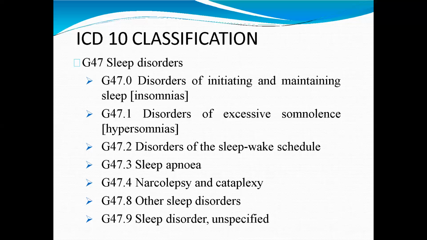According to this classification, the sleep disorders are classified in different ways: disorders of initiating and maintaining sleep, that is insomnia; disorders of excessive somnolence, that is hypersomnias; disorders of the sleep-wake schedule; sleep apnea; narcolepsy and cataplexy, which is daytime sleeping; and other sleep disorders, sleep disorder unspecified.